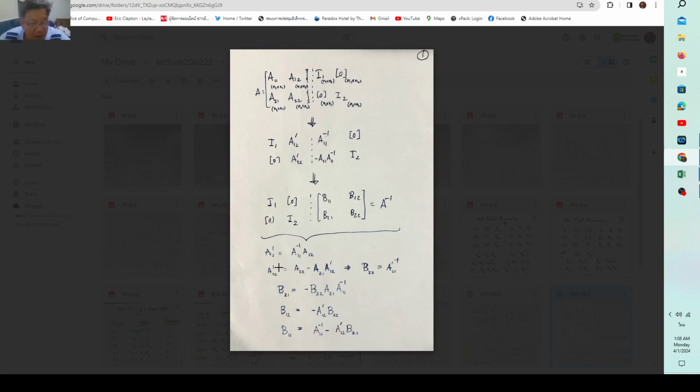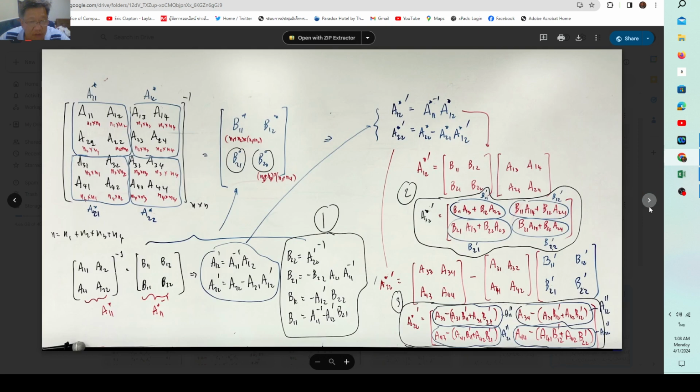If you know A22 palm, you find A22 palm inverse, you become B22. And then after that, you can apply this to find the computation for each part of B11 star, B12 star, B21 star, and B22 star after this. So this one also you can continue to work.